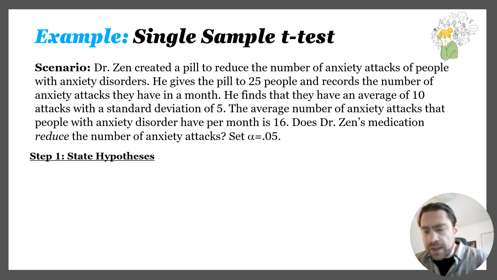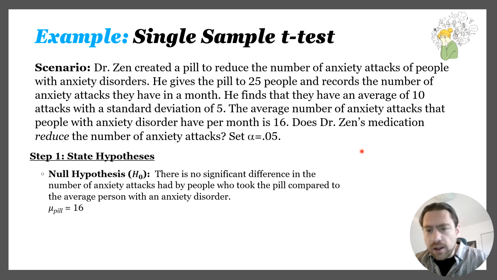Okay, so the hypotheses. The null should sound something like this. There is no significant difference in the number of anxiety attacks had by people who took the pill compared to the average person with anxiety disorder.